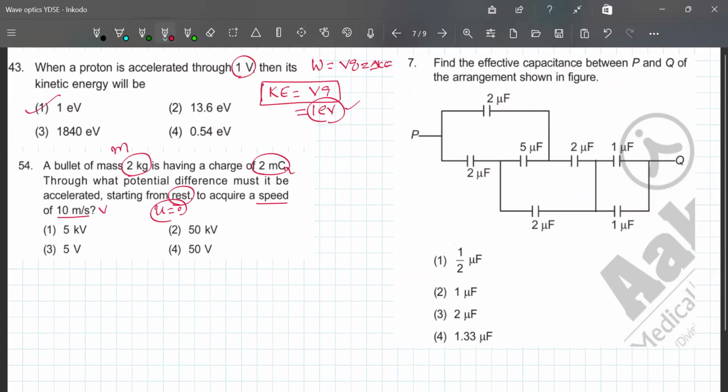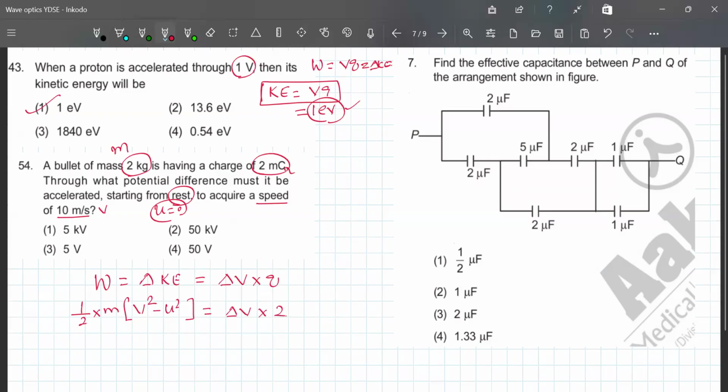Okay. So we have in class 11 the work-energy theorem. Work done is equal to change in kinetic energy. Now they ask for the potential difference. You can use the concept of work done equal to change in kinetic energy, which is equal to delta V into Q. So half m into (v square minus u square), with initial velocity 0, equals delta V into charge.